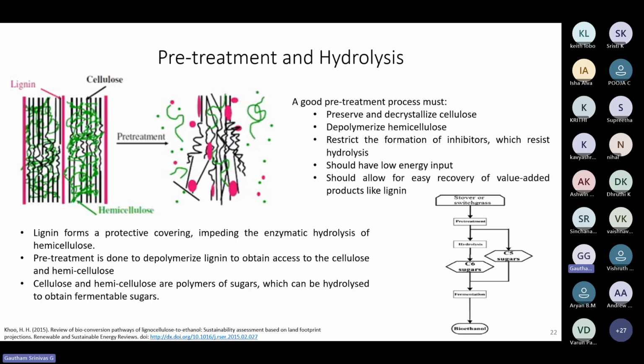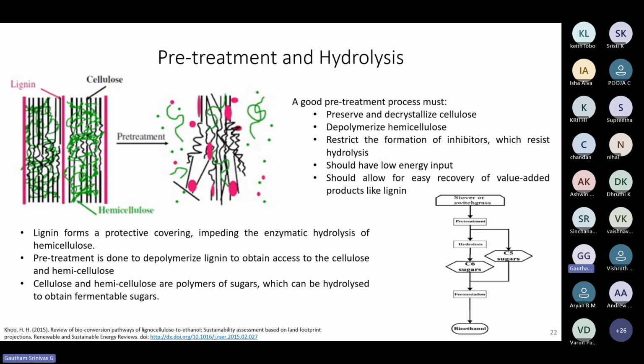So a little more in depth. So you can see here the biomass. The pre-treatment releases lignin that is separate, but it releases C5 sugars. The hydrolysis releases C6 sugars that can be fermented to form bioethanol. Okay, so as you know, the lignin kind of forms a protective covering.